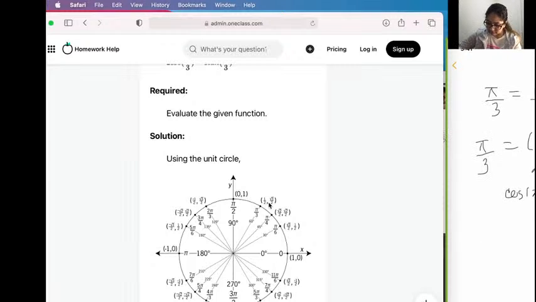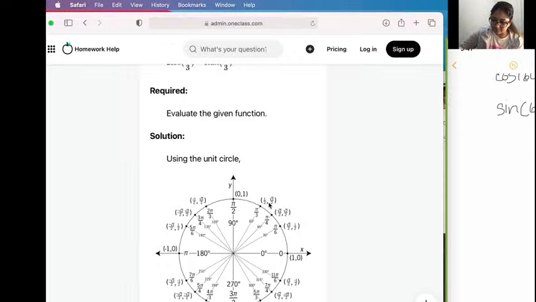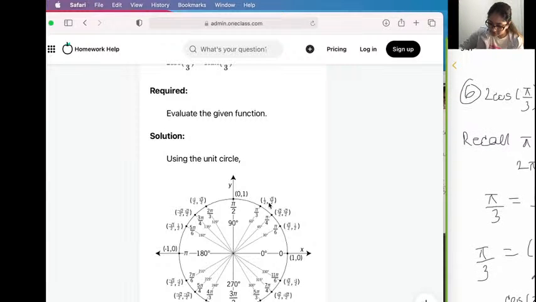Since we know cos of 60 is equal to a half, and sine of 60 is equal to root 3 over 2, the question was to find 2 cos of 60 minus 6 tan of 60.